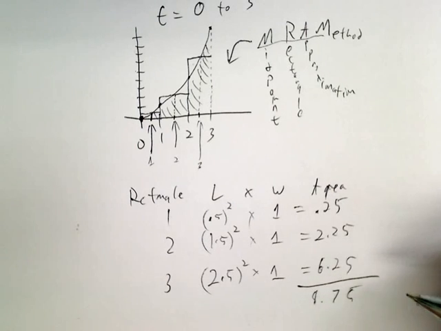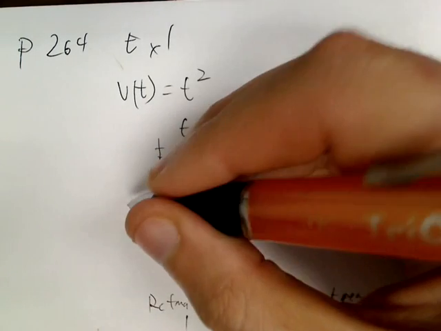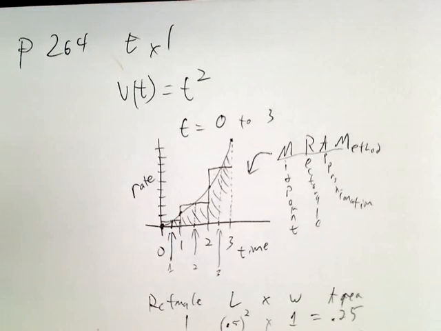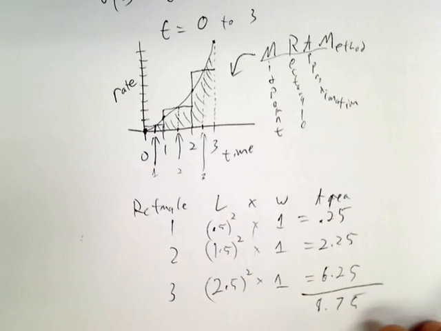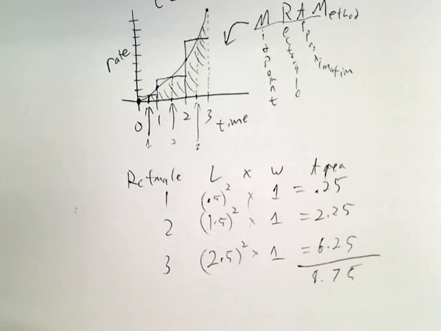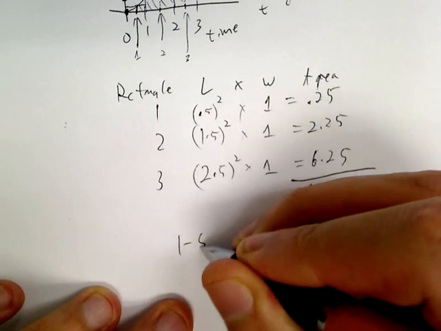So 8.75. So over this time, if this particle is traveling at the velocity t squared, and this is my rate, and this is time, the area under this curve is going to be pretty close to 8.75.